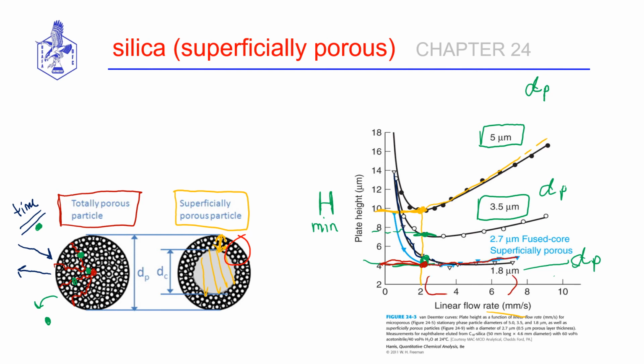And the advantage to my 2.7 micron superficially porous particle is it's not as tiny as this one, and I don't have to use as high a pressure to get flow over that particle. So I kind of get the best of both worlds. I get the advantage of being able to use faster flow rates without compromising resolution.